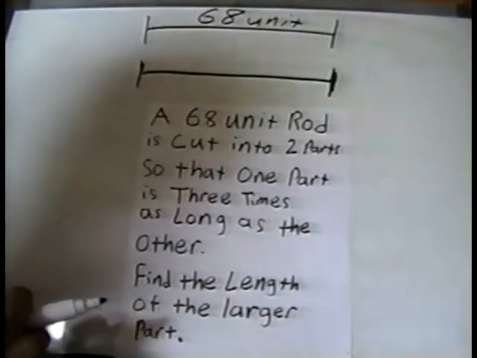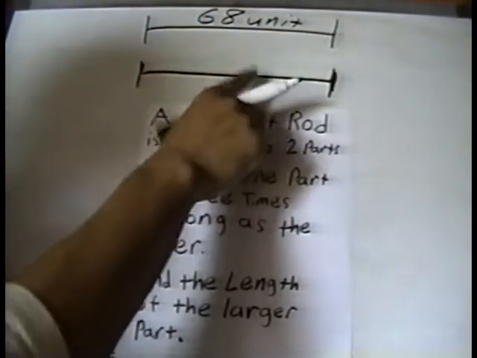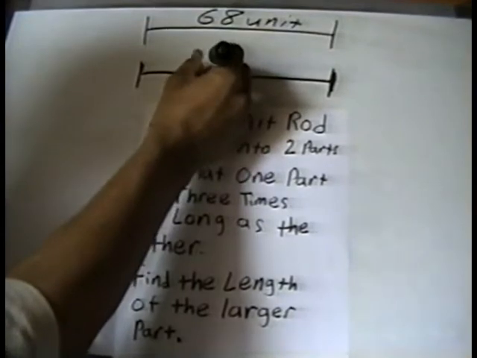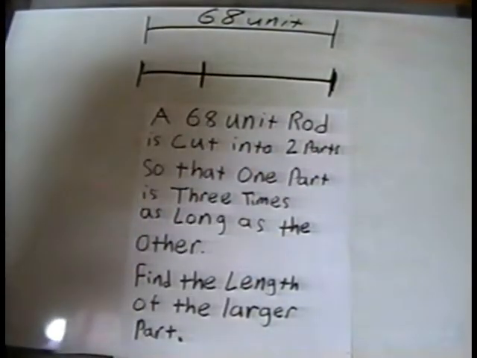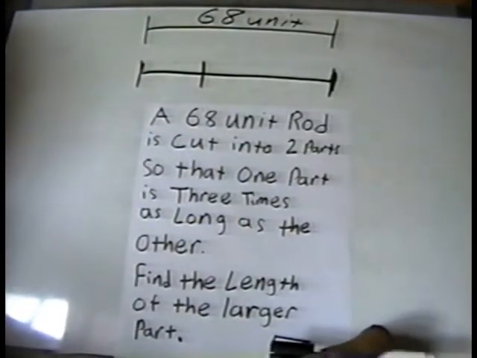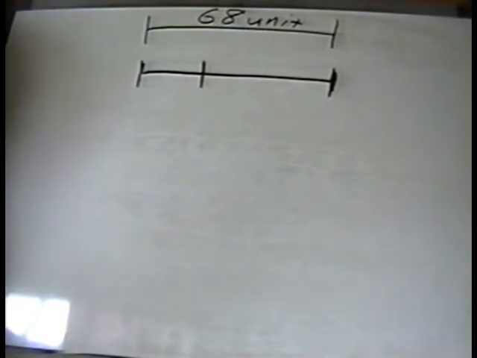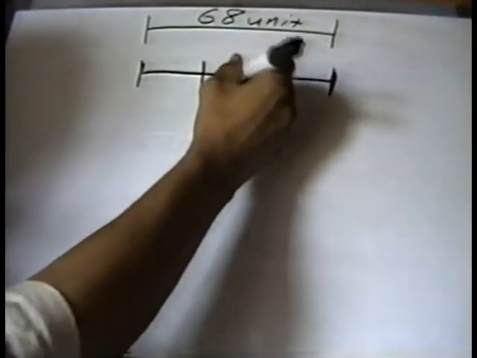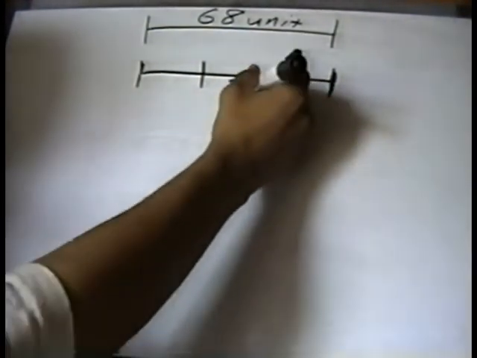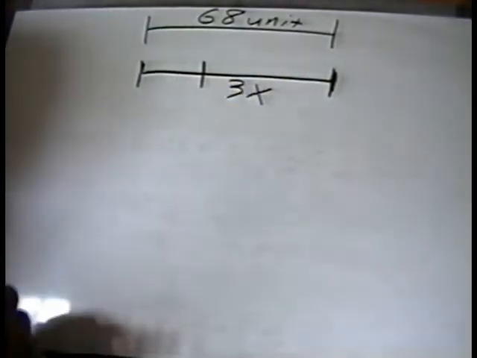Okay, so a 68 unit rod is cut into 2 parts. So we draw the line twice to represent it in 2 different ways. One part is 3 times as long as the other. So it's only cut into 2 parts. One part is 3 times as long, so you can roughly represent that like that.